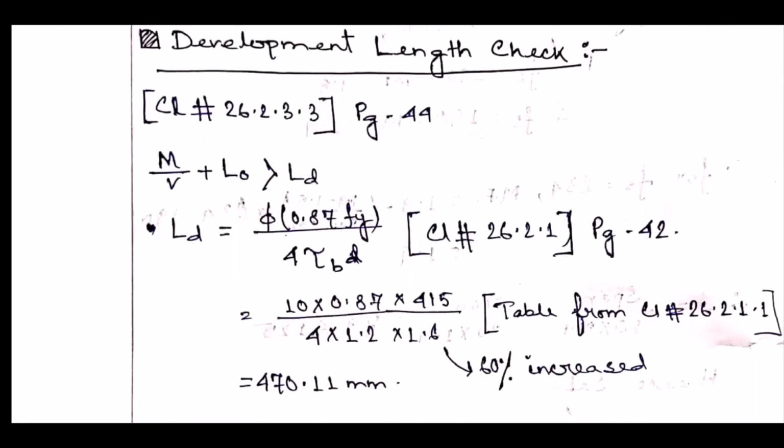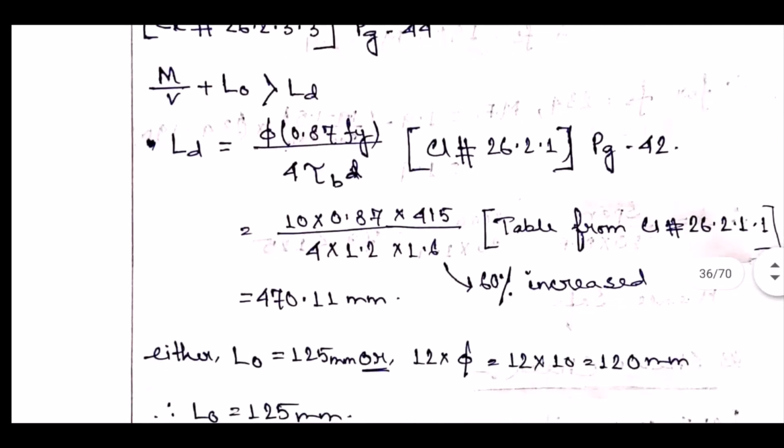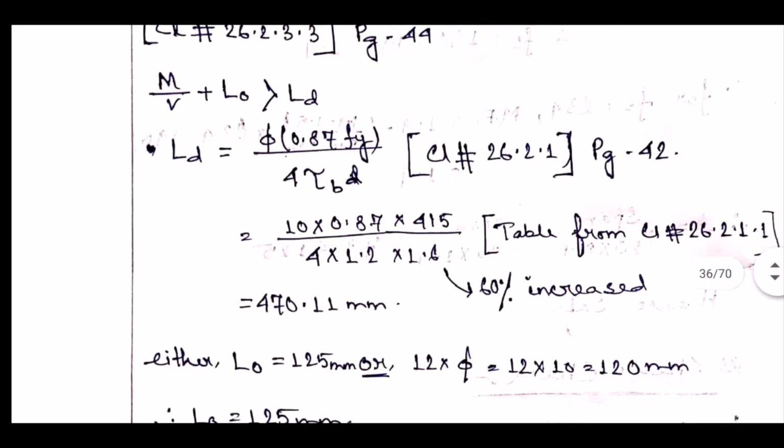So here it is, dia into 0.87 Fy by 4 tau BD, that is equal to 10 into 0.87 into 415 by 4 into 1.2 into 1.6, that is the 60% increase we have read just now in the IS code, right? So the value will be 470.11 mm, and L0 is either 125 mm or 12 into diameter, that is 120 mm.